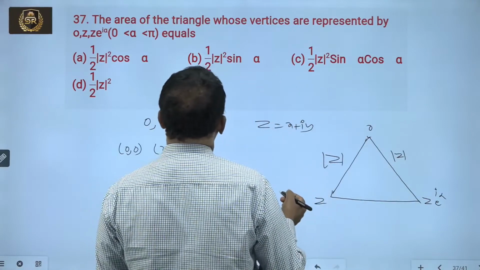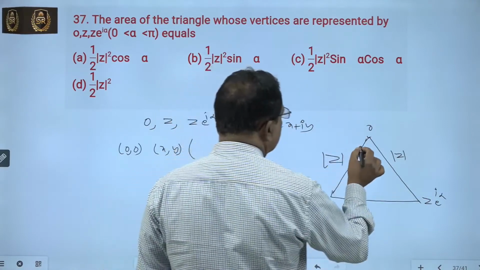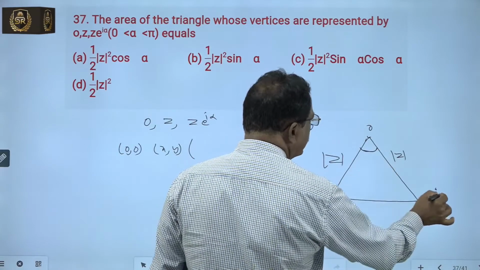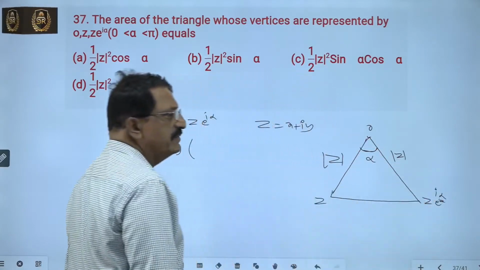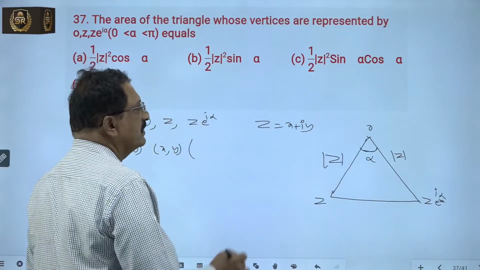Next, the angle between these two sides is alpha, they are given alpha.